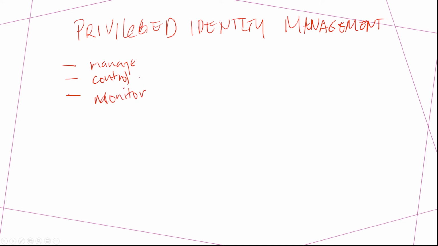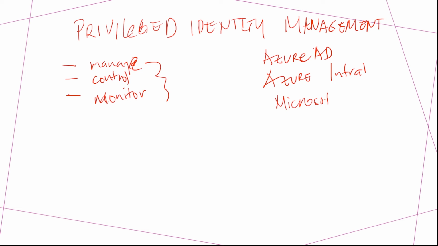So it's important that you can do these three things with all this access in your organization. This includes access to resources in Azure AD, in Azure itself, so that's the whole infrastructure, and other Microsoft online services. So those are the things that you can manage, control, and monitor with PIM.